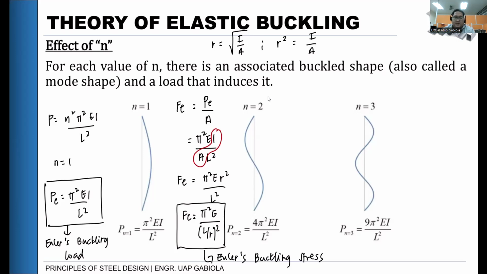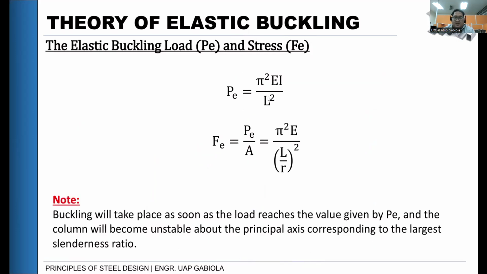Okay? So, ito lang again yung elastic buckling load and elastic stress na na-derive natin, nire-arrange lang natin dito. So, buckling will take place as soon as the load reaches the value given by PE. Okay, and the column will become unstable about the principal axis corresponding to its largest slenderness ratio. So, later, i-emphasize natin yung meaning niyan, no?